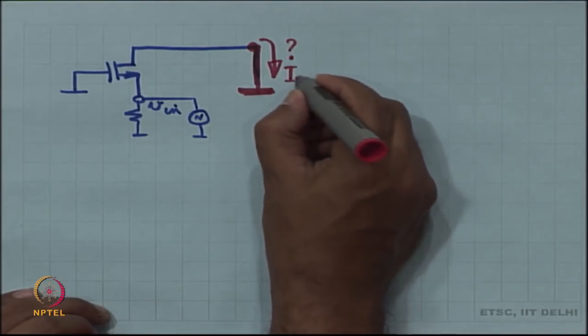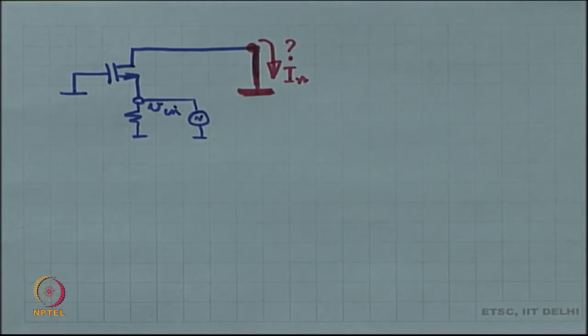This is I n, that is the Norton equivalent current. So, we have to measure that current.